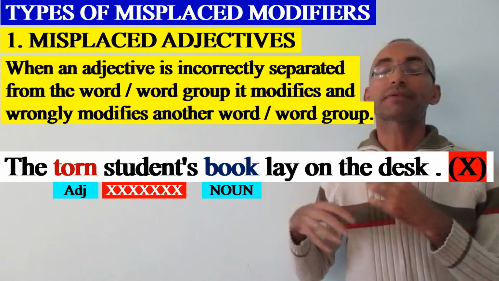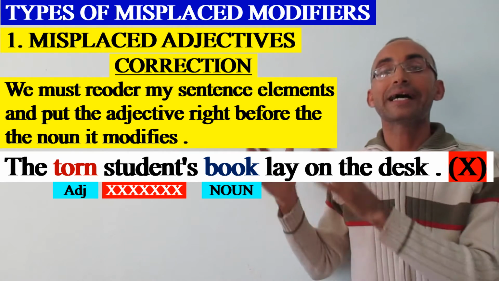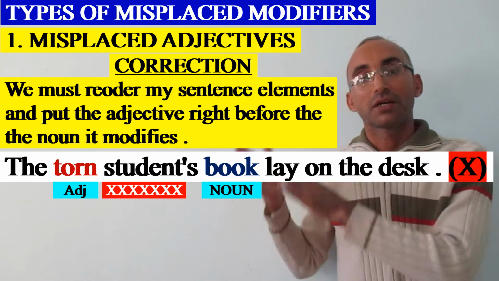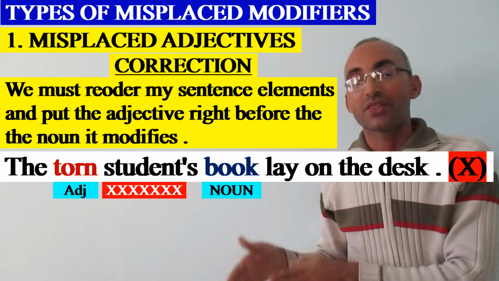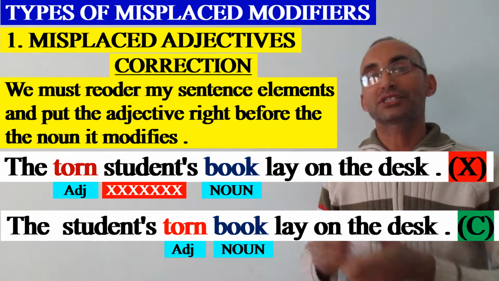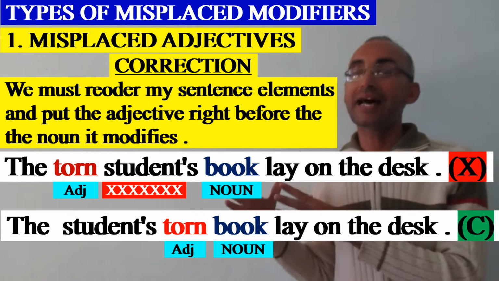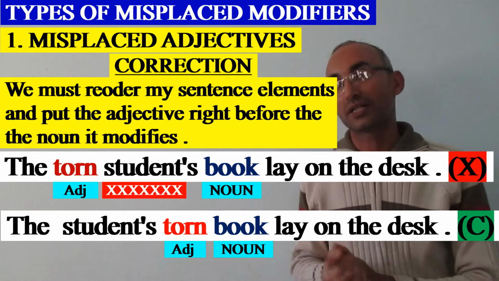So how can we fix it? We fix it by reordering my sentence elements and putting the adjective right before the noun it modifies, which is book. And I write, the student's torn book lay on the desk. Good.